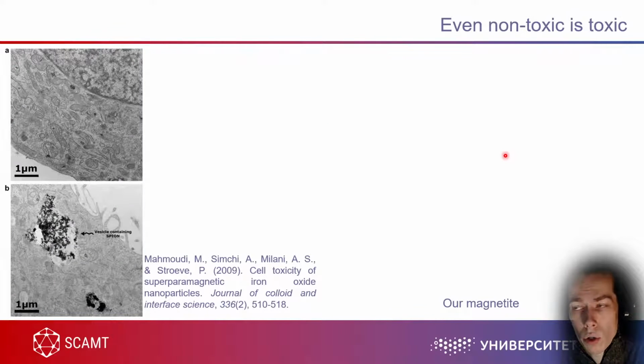But even non-toxic is toxic. If you look at superparamagnetic iron oxide nanoparticles, called SPIONs, they can be accumulated in the cells.